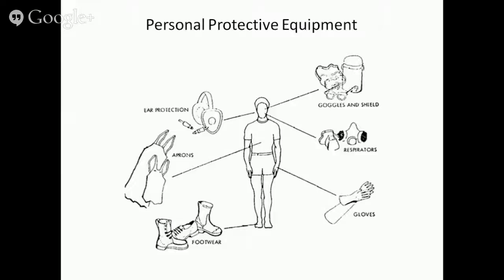Starting at 1 o'clock and going clockwise, we see goggles and shield to protect our eyes, respirators for our respiratory system, gloves to protect the hands in some cases, not always, good solid footwear for the feet, aprons for welding, for instance, and ear protection for noisy environment.